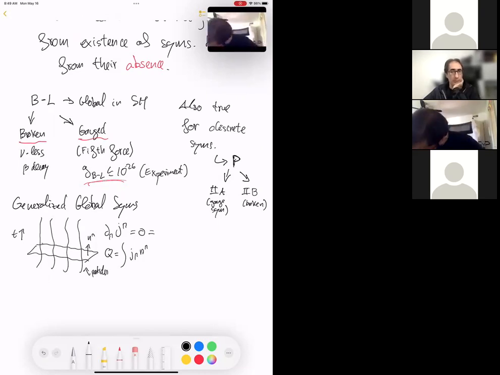So we can put a local operator here, O of x, and another one here, O of y. And there's an operator equation: there's a current which is conserved. The fact that it's conserved means that this charge operator, which you construct by integrating the current over some surface S, doesn't change if I integrate it on a different surface S prime.